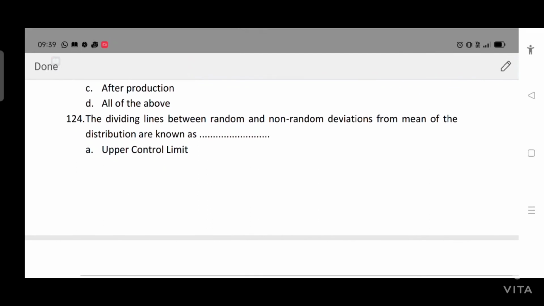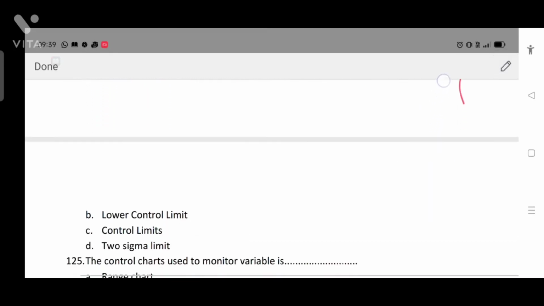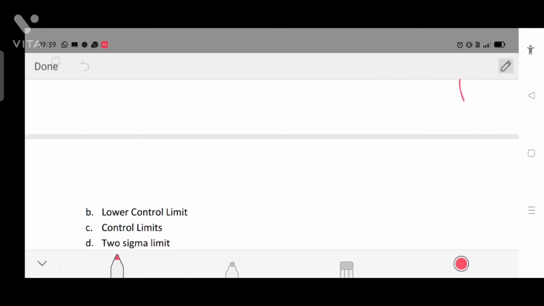The dividing line between random and non-random deviation from means of the distribution are known as A, B, C, D. C is the correct answer. Control limits.